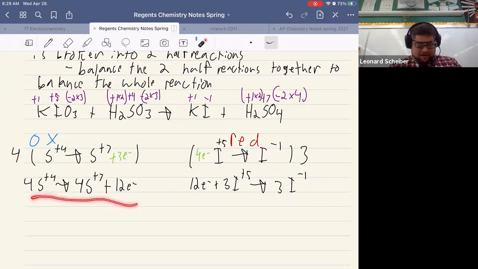So we see that in our oxidation half reaction, we have 4 S plus 4s.